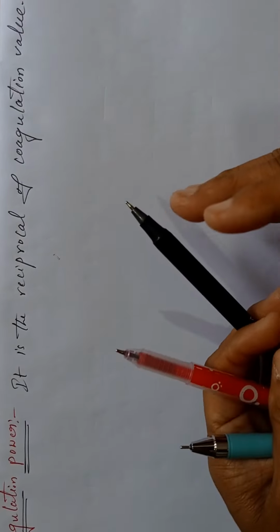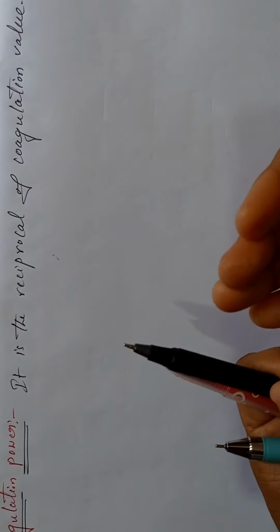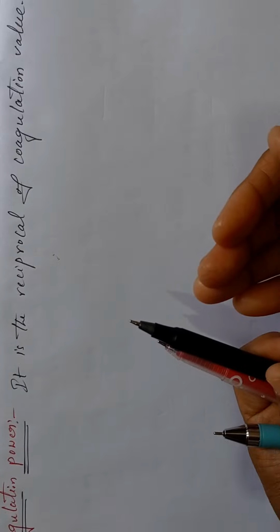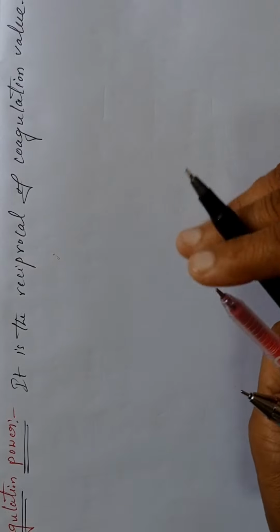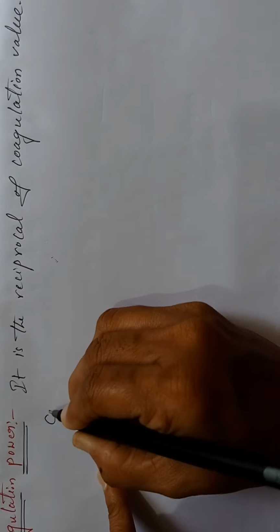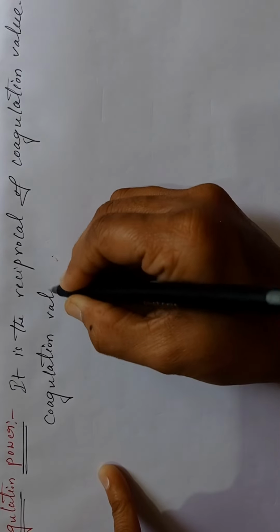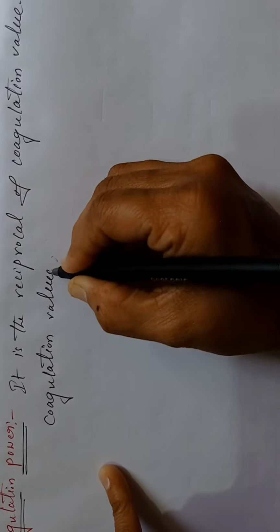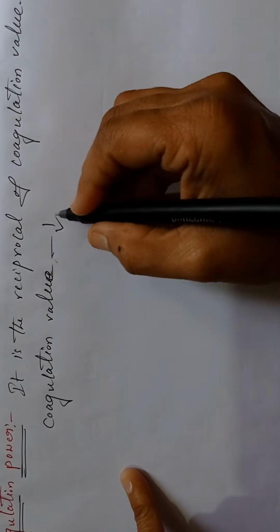So that means if coagulation value is less, coagulating power is more. Are you clear, students? That means both are inversely proportional, reciprocal. So if the coagulation value is less, then coagulation power is more.